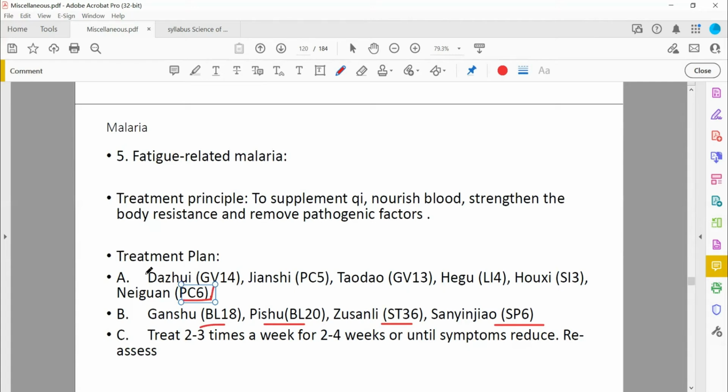So for the malaria, and for BL18, BL20, that's to tonify liver blood, tonify spleen, right? Spleen, that's the source of qi and blood. ST36 is generally to tonify the qi. SP6 is kind of generally good for the spleen.